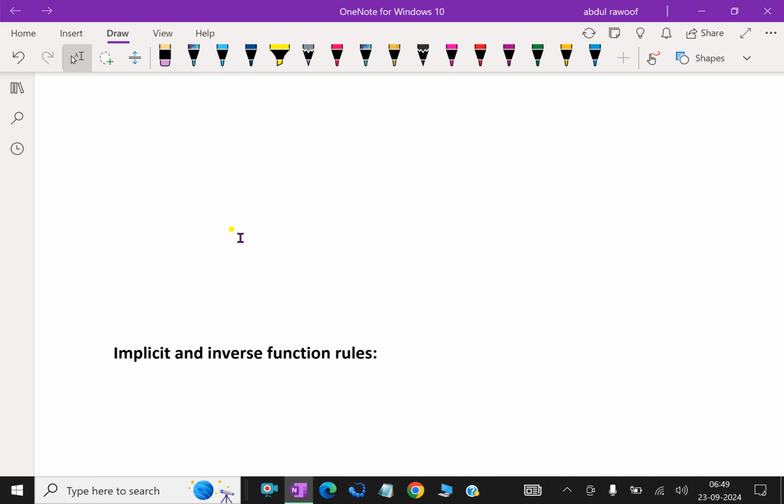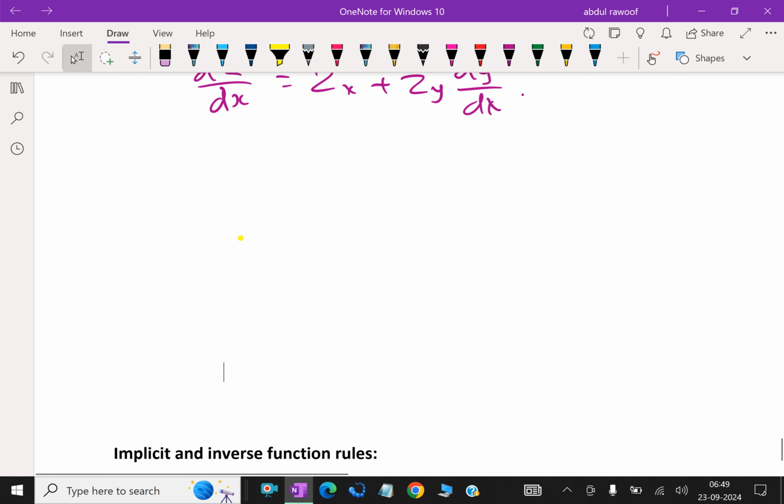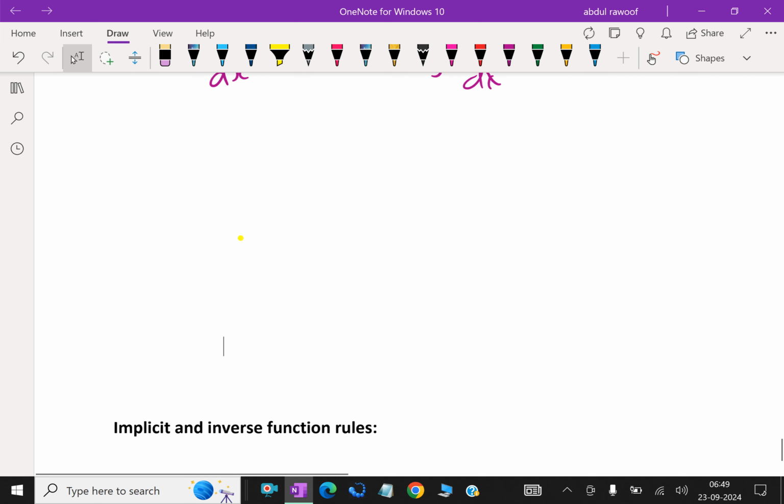Look here, alternatively for dz we have already: dz is equal to zx dx plus zy dy. Divide throughout by dx. Dx gives dz by dx equal zx dx by dx plus zy dy by dx.